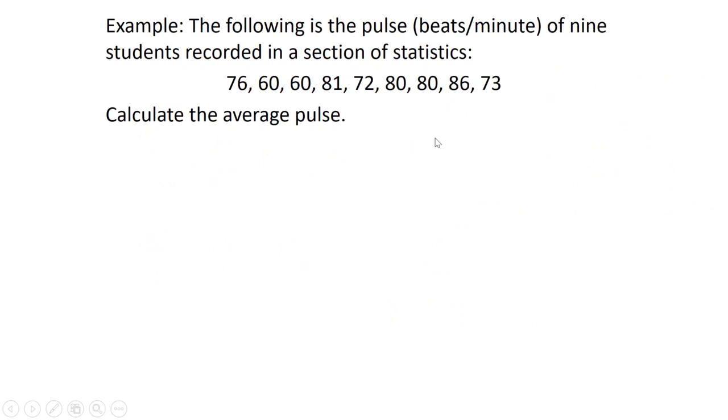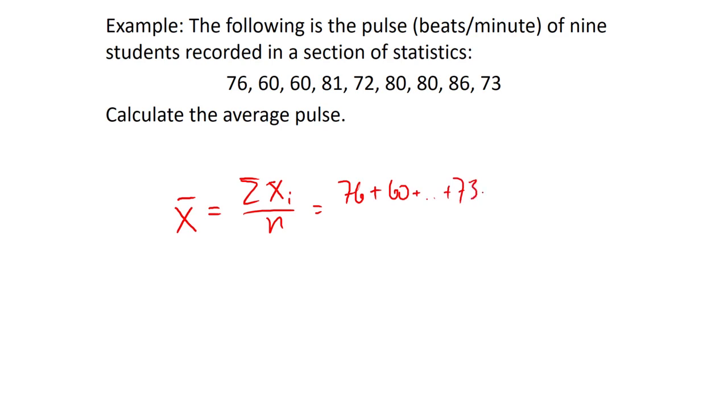So, not that hard to calculate means. I'm pretty confident most of you can do it, but here's an example. Let's say that you were observing pulses of 9 students, and these are what you recorded. Calculate the average pulse rate. So, say this is a sample, then we're just going to add up all of those values, right? So go ahead and pull out a calculator, and you can just sum these up.